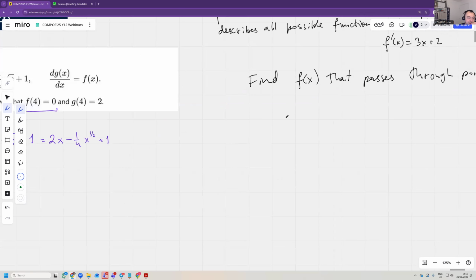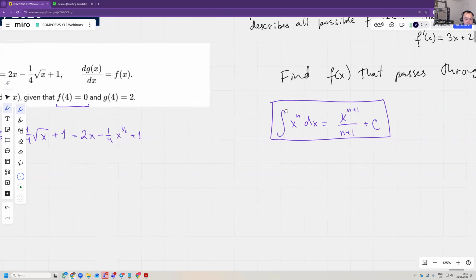And we need some formulas. Of course, the integral of x to the power n dx is the opposite of the derivative. So x to the power n plus 1 over n plus 1 plus c. This is the formula that we're going to use.